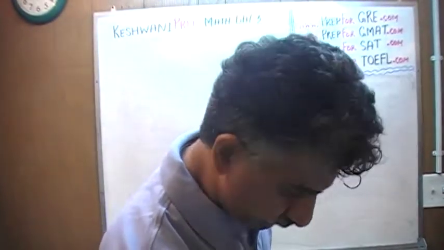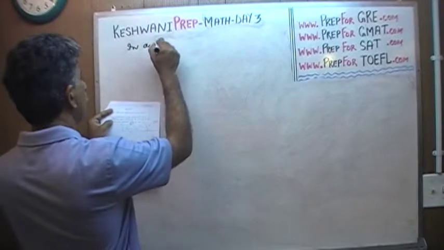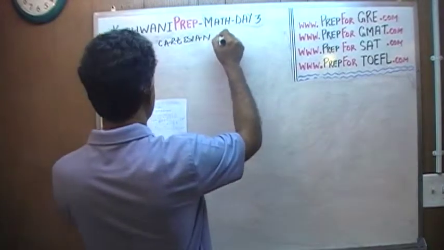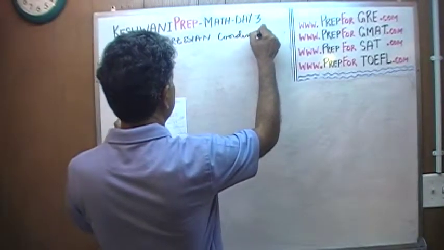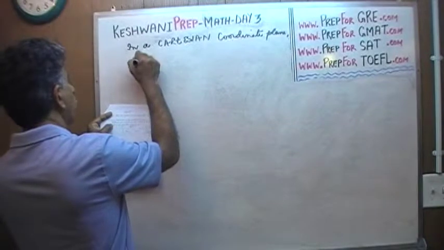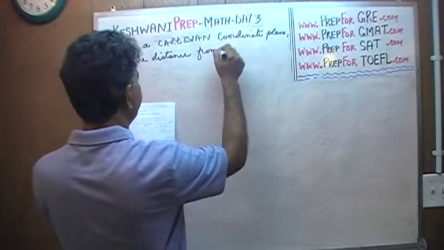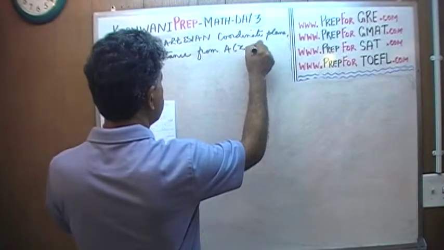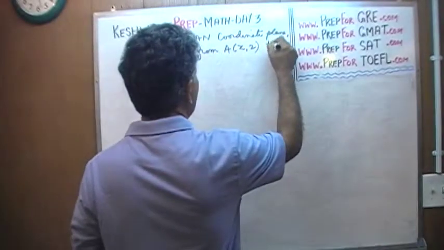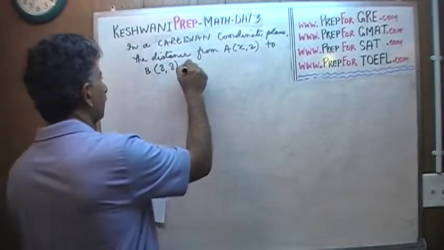The problem that we will solve today goes something like this. It says, in a Cartesian coordinate plane, the distance from A, and we are given the coordinates of A as x and 2, to B, which has the coordinates of 8 and 8, is 10.